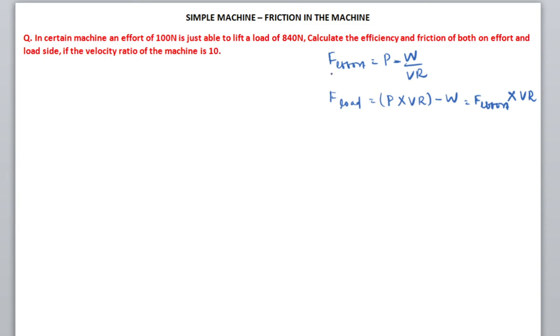From this also you can easily calculate the value of friction in terms of load. So let us read the question and solve the numerical.